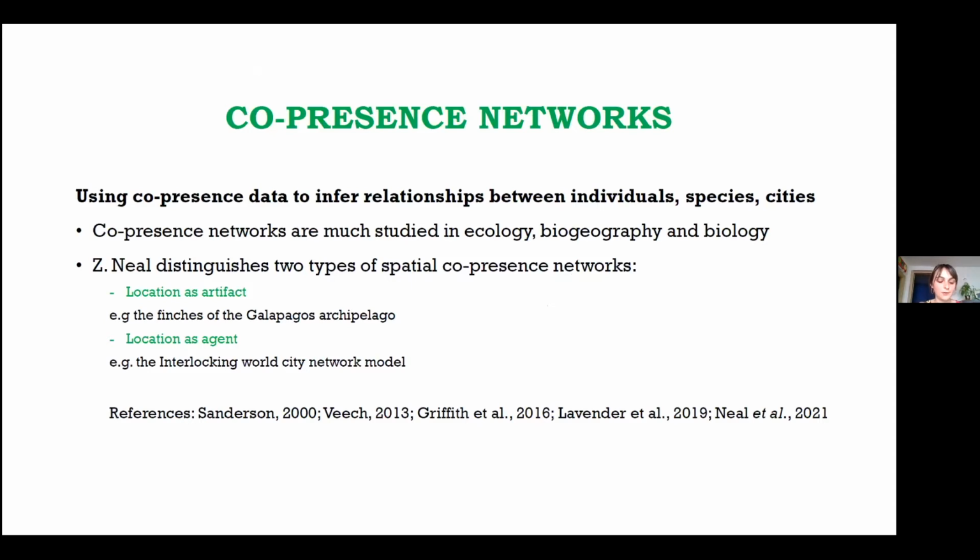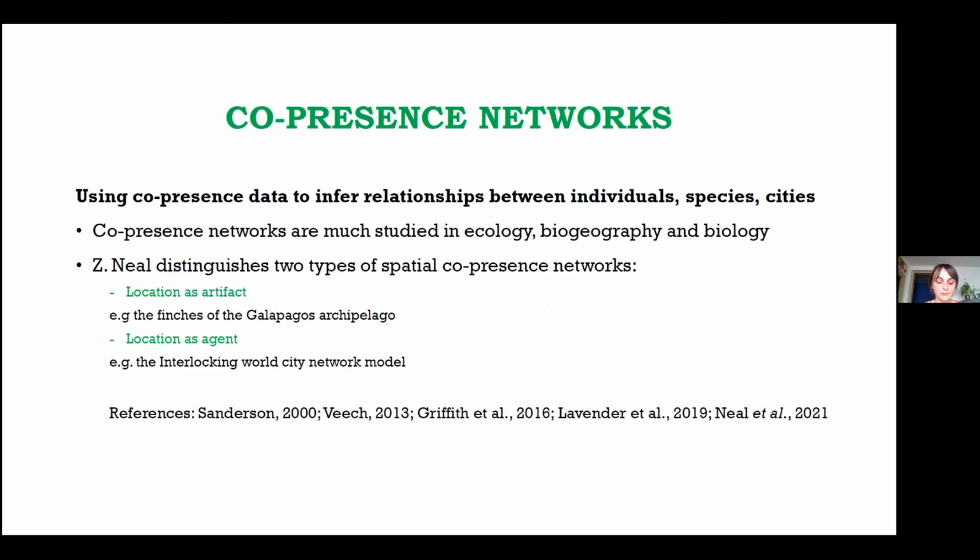Type B networks is when you have to infer the relationships. It's indirect. And there are two types of co-presence networks. Sometimes you infer the relationships between species or individuals. It's often used in ecology or biogeography. That's why I speak of species here.